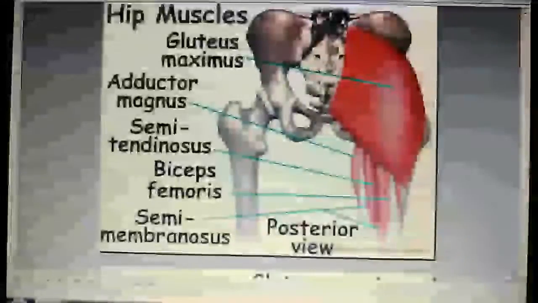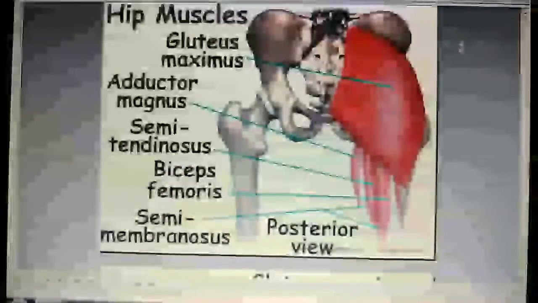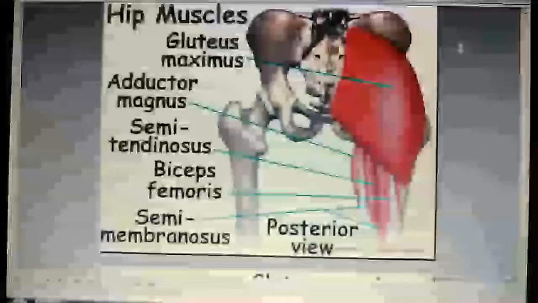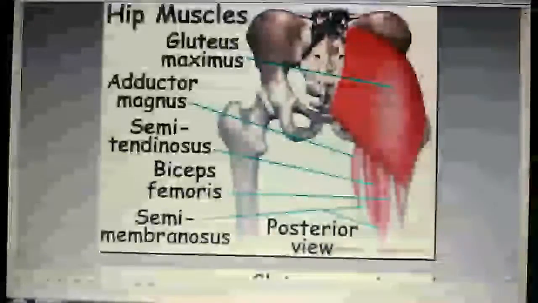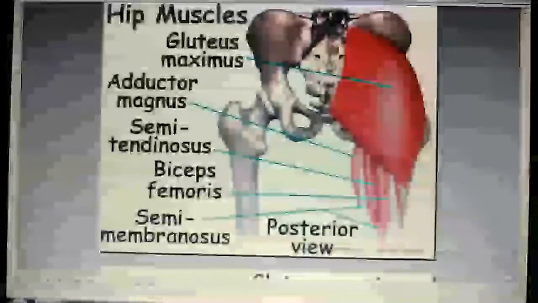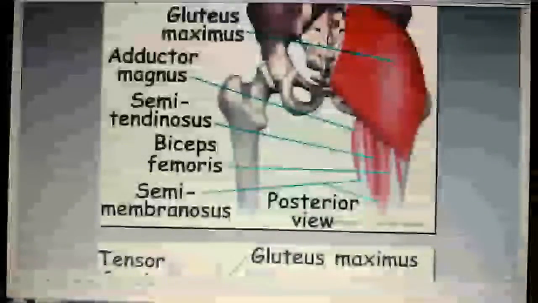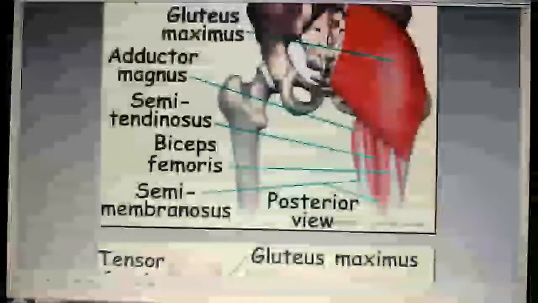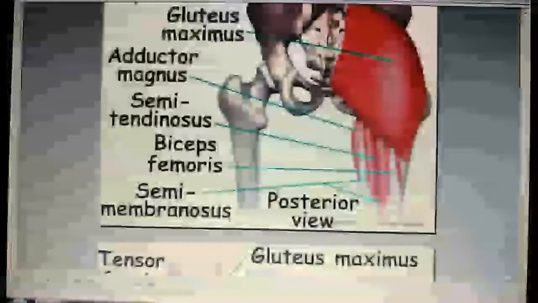Gluteus maximus muscle origin: posterior sacrum and ilium, insertion: posterior femur distal to the greater trochanter and iliotibial tract, nerve supply: inferior gluteal nerve, root value, action: hip extension and hyperextension and lateral rotation.